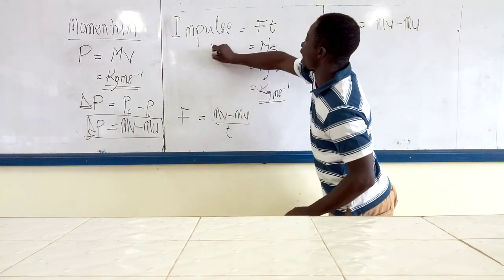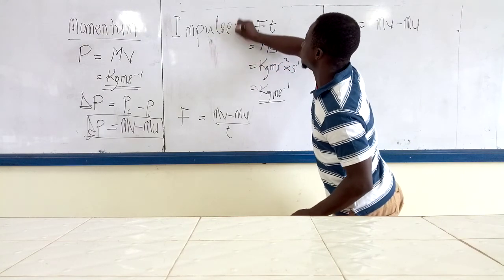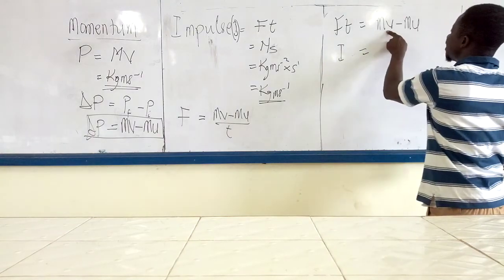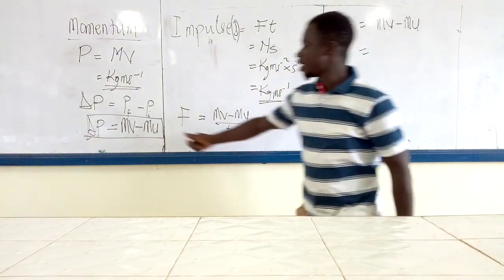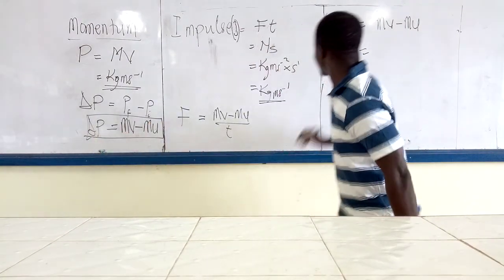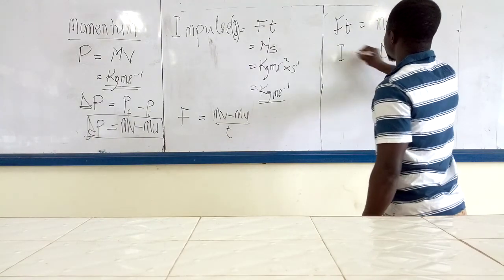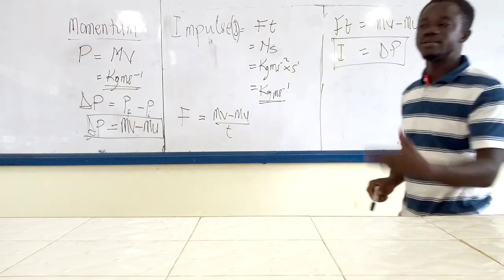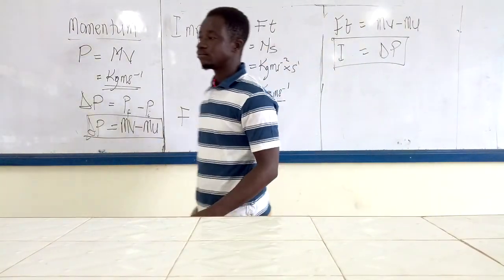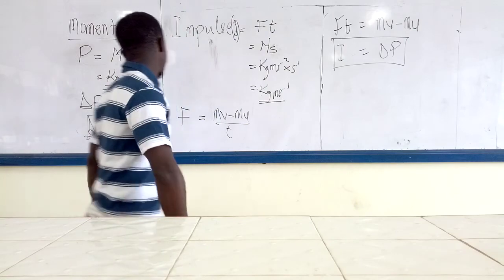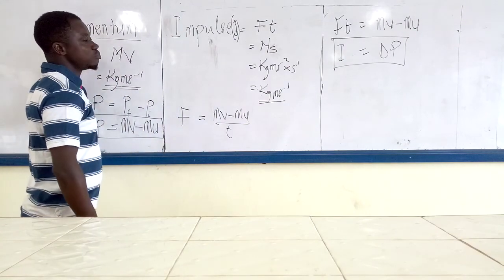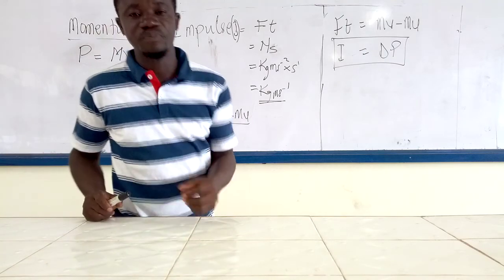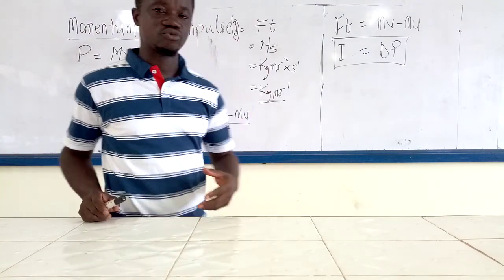Ft, impulse, I. So Ft is I. What is mv minus mu? mv minus mu is change in momentum. It means that impulse can also be defined as change in momentum of a body. So the unit for impulse is the same as the unit for momentum. And they have the same dimension too. The dimension for impulse is the same as the dimension for momentum.